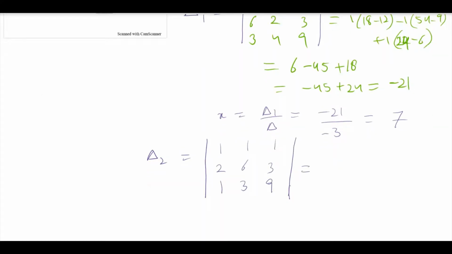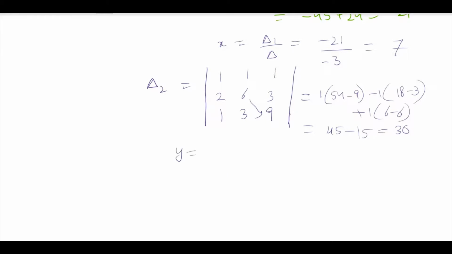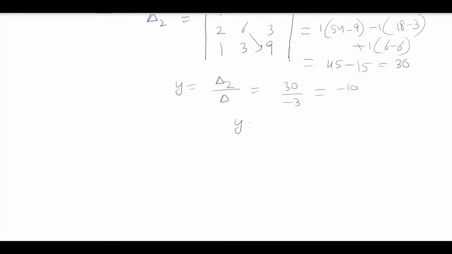That equals 1 into 6 into 9 is 54 minus 9, minus 1 into 18 minus 3, plus 1 into 6 minus 6. This will be 45 minus 15, which is 30. So y will be delta 2 by delta, that is 30 by minus 3, which is minus 10. The value of y equals minus 10.